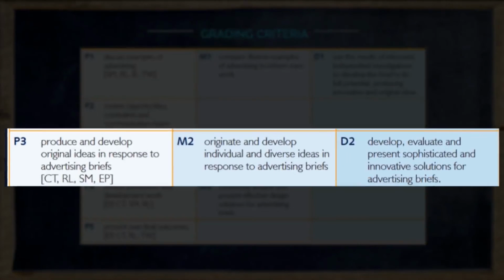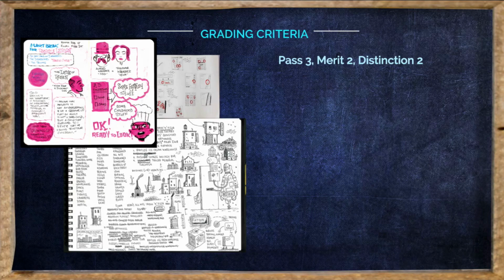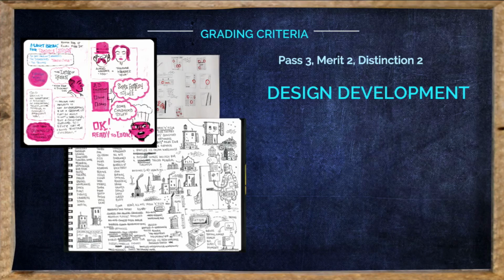Then for Pass 3, Merit 2 and Distinction 2. Pass 3, produce and develop original ideas in response to briefs. Merit 2, originate and develop individual and diverse ideas. And Distinction 2, develop, evaluate, present sophisticated, innovative solutions. So what do we mean? Basically, Pass 3, Merit 2 and Distinction 2 is design development.